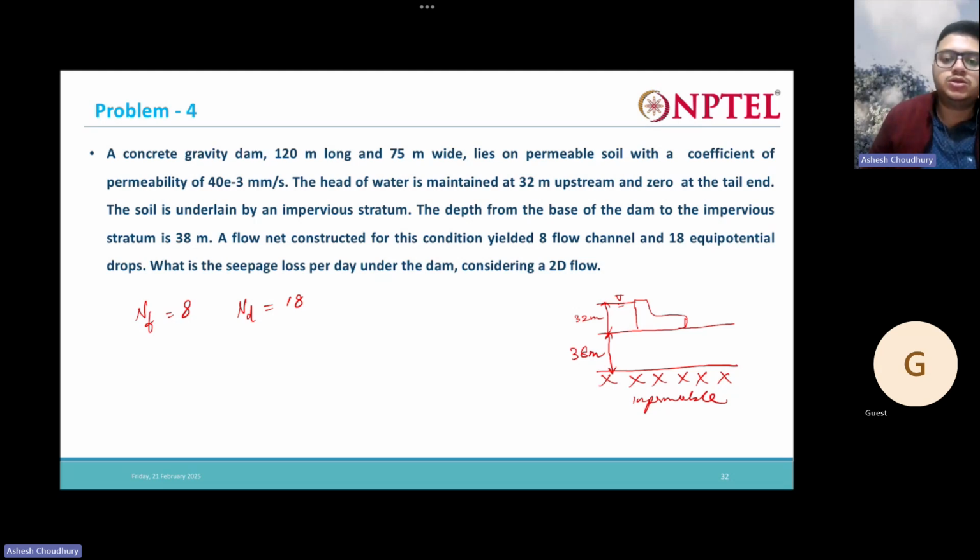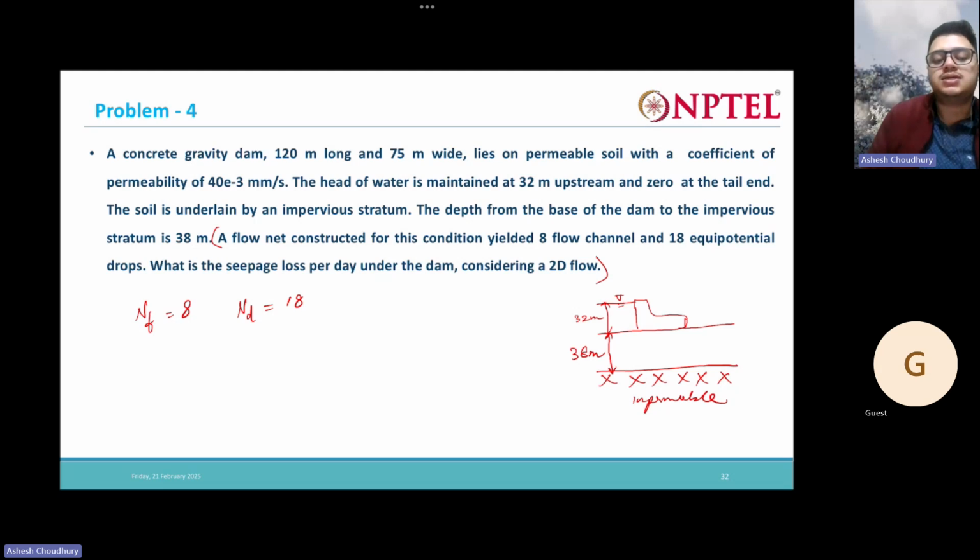In reality, forget about this information; think that it is not given to you. Then you need to draw this with proper scale on paper and construct the flow net by hand, the flow lines and the equipotential lines, and then check whether it is right or not.